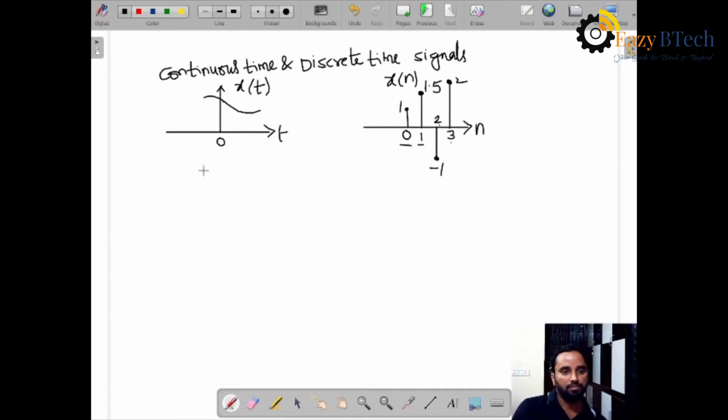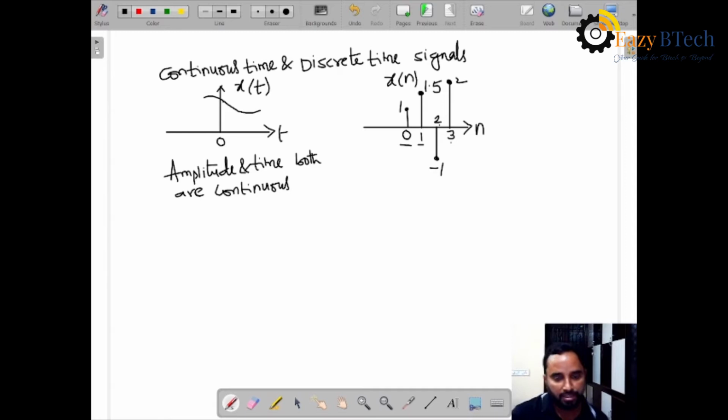In a simple manner, a continuous time signal means amplitude and time are both continuous. Continuous means we can take any value. Amplitude can be any value, time can be any value.